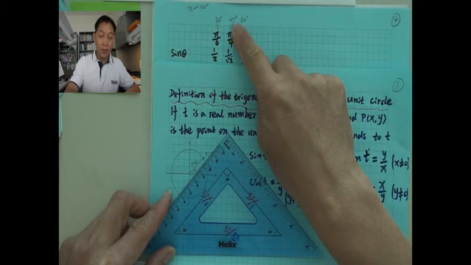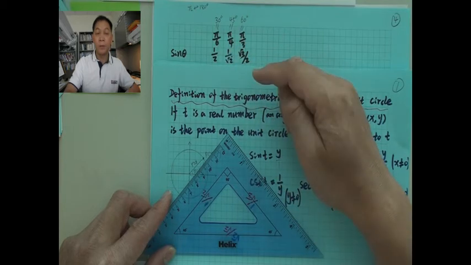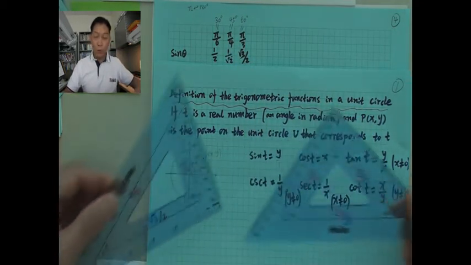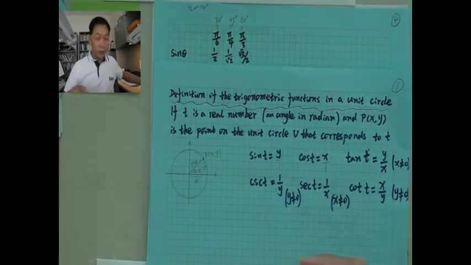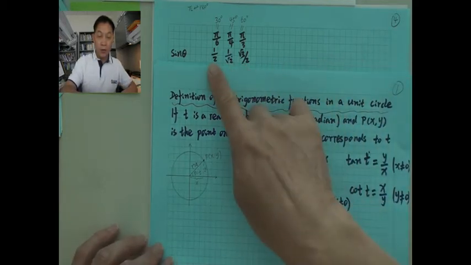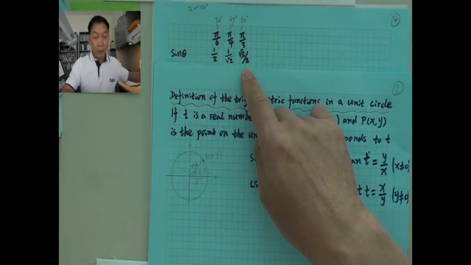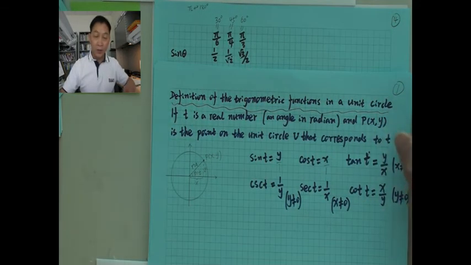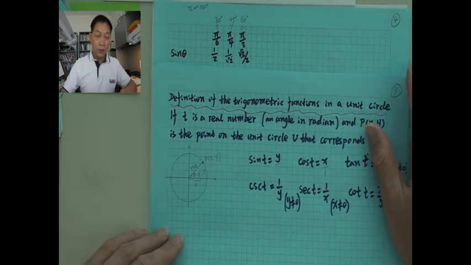That is sine 45, which is pi over 4. So remember those two rulers. You probably should have those two rulers. Those special values can be found by using rulers. That's my point.